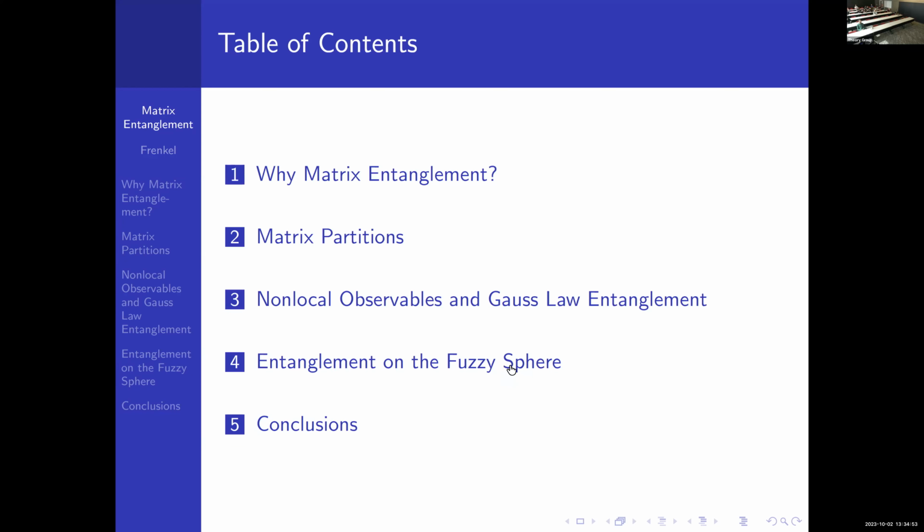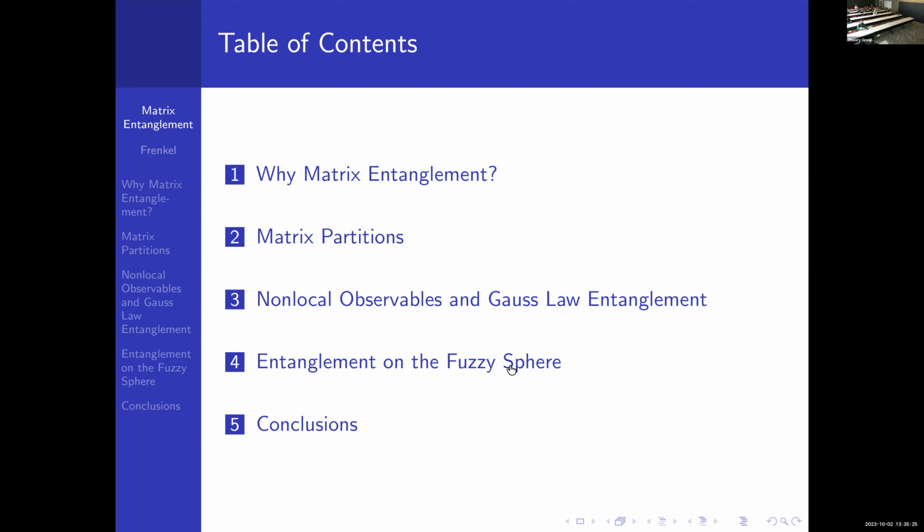And this is the outline of the talk. I'll spend some time talking about why matrix entanglement is an interesting thing to consider. I'll explain how we think about matrix partitions of systems that don't have a base space which we usually partition when we consider entanglement. The story of non-local observables and Gauss law entanglement, which is familiar from gauge field theories and other similar theories with non-local observables.